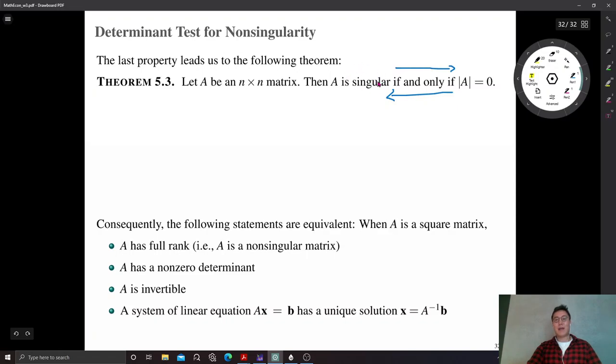Then these 2 directions imply that these 2 statements are equivalent. So A implies B, and B implies A too, vice versa. So A and B are equivalent.